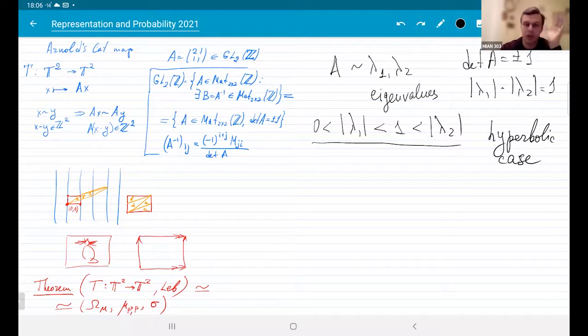Otherwise, we can just pass to the second iteration and everything will be the same. So if both eigenvalues are positive, then we have two one-dimensional eigenspaces, and along one eigenspace you have a contraction, and along the other you have an expansion, and this is the dynamics.